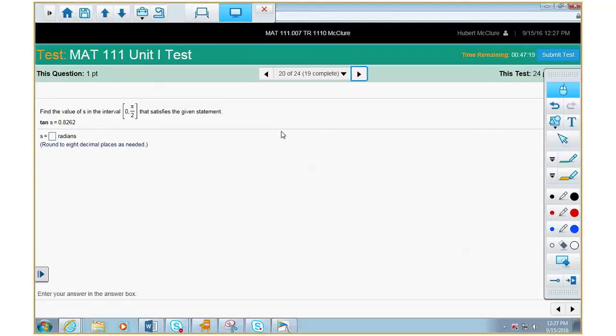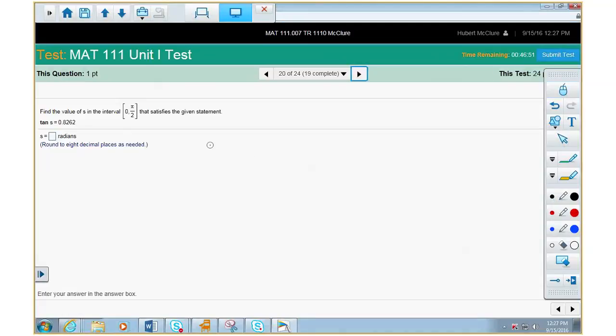Tangent is equal to what? I don't understand what this question's asking. Oh, inverse tangent. I'm sorry. Yeah, S is equal to inverse tangent. I just hadn't seen one of these. Inverse tangent of 0.8262. Somebody tell me what that comes out to be.